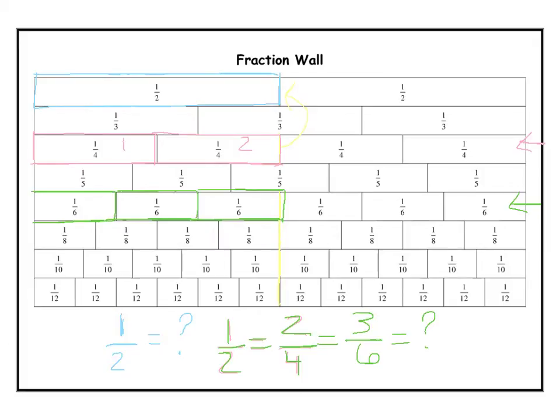If I look down here on my 10ths fraction bar, I know that if I color in 1, 2, 3, 4, 5, that is also equal, 5/10 is also equal to 3/6, which is also equal to 2/4, which is also equal to 1/2. All right, let's move on and let's do one more.